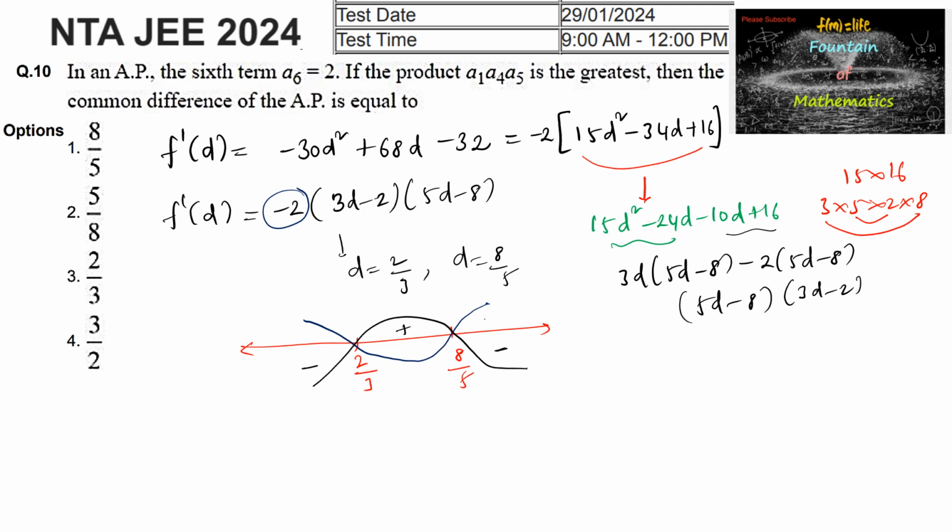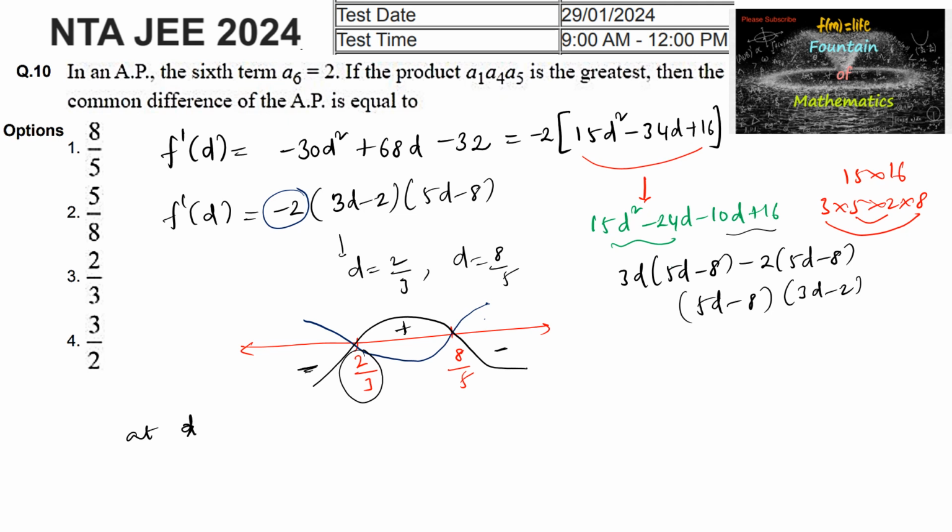So we can say that at the point 2 upon 3, the sign is changing from negative to positive, which is a minima, and at the point 8 by 5, the sign is changing from positive to negative.